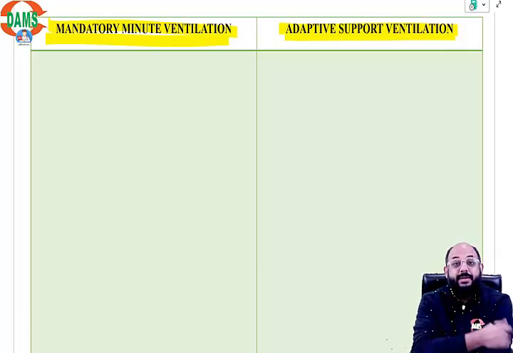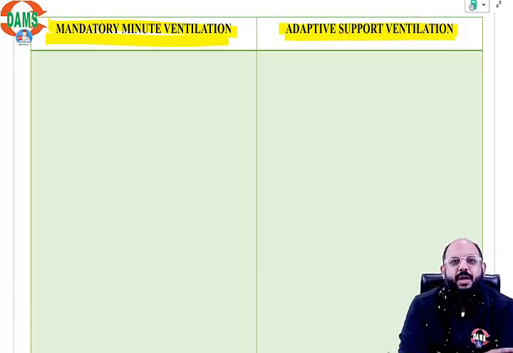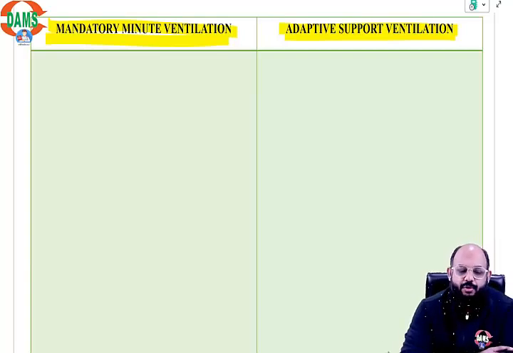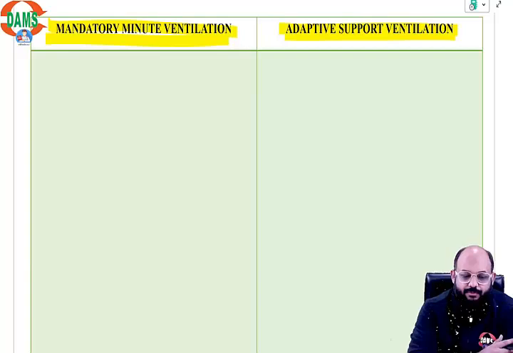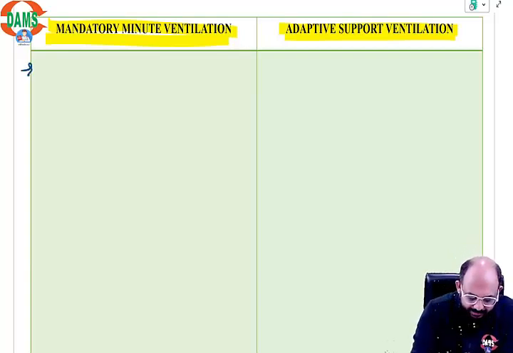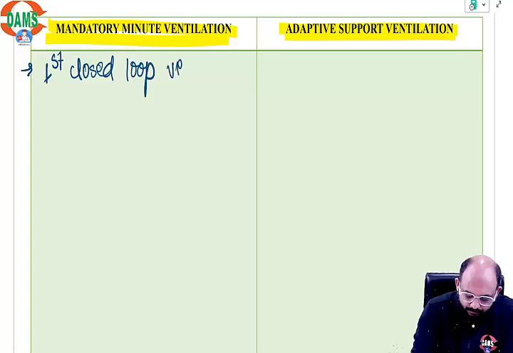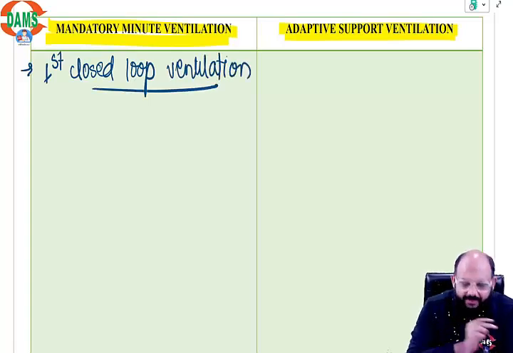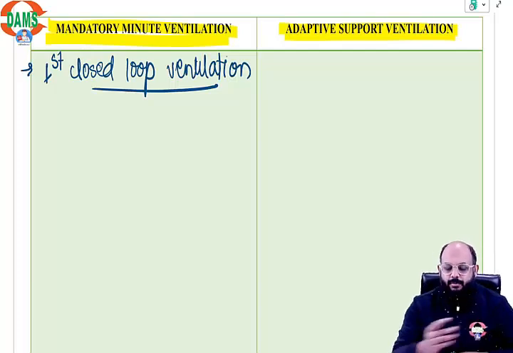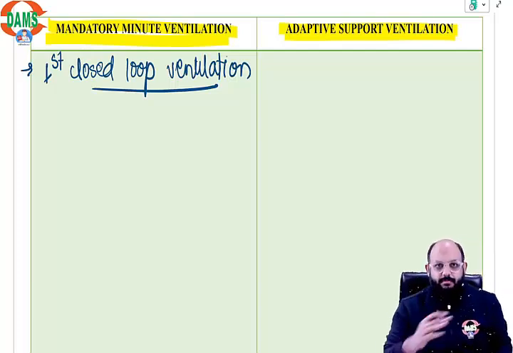Now here things go interesting. I have taken the most commonly asked newer modes of ventilation, and I have tried to compare them for you so that you know what the difference is between the two. Okay? Mandatory minute ventilation was the first closed loop ventilation ever used. Closed loop means the patient's feedback changes the ventilatory parameters.